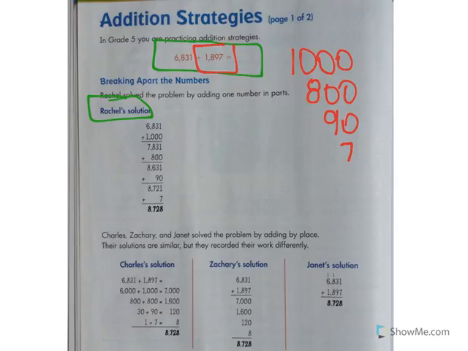When she did that, she made it into 4 different addition problems that are simpler. If you look again at the pattern here, there's that 1,000, there's the 800, there's the 90, and finally there is the 7.